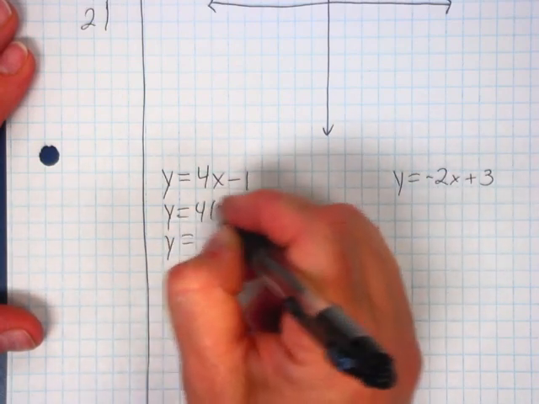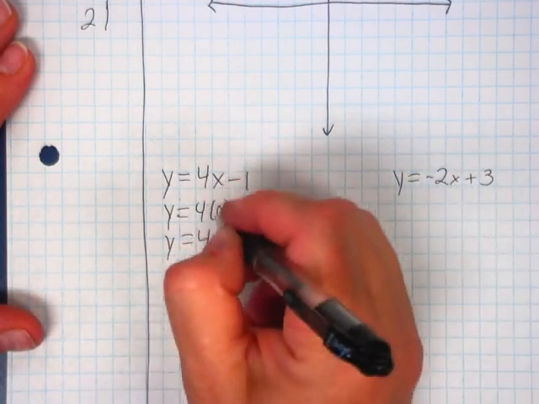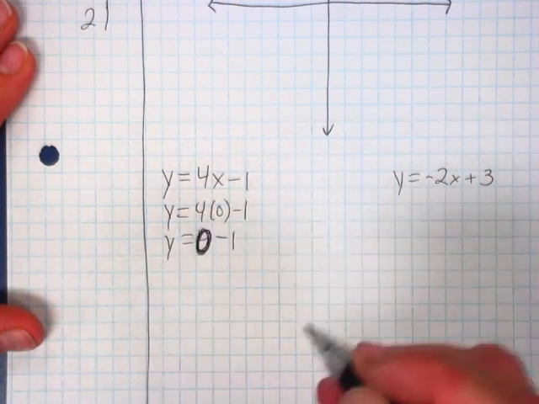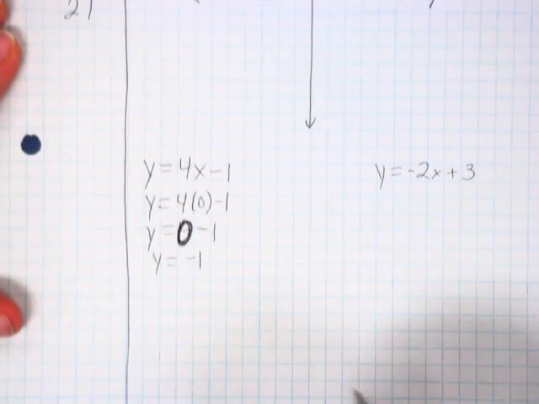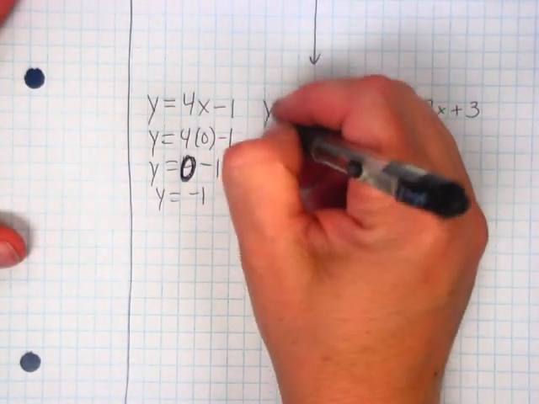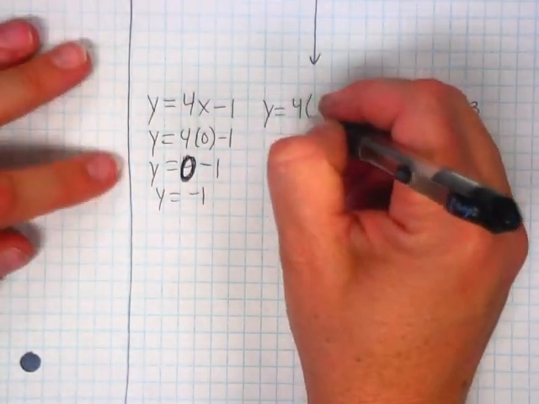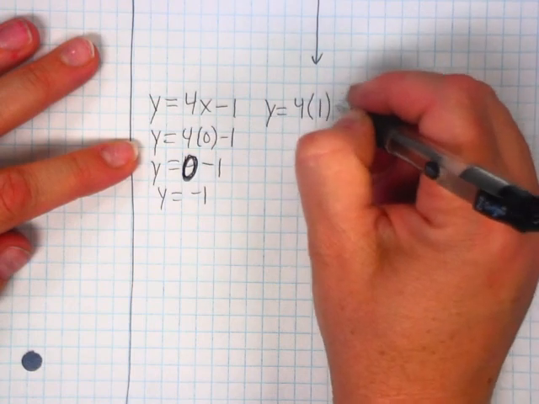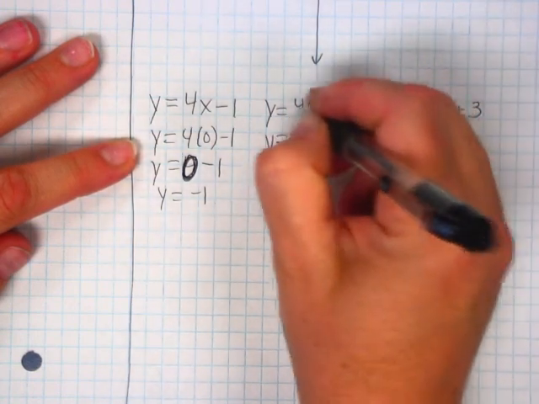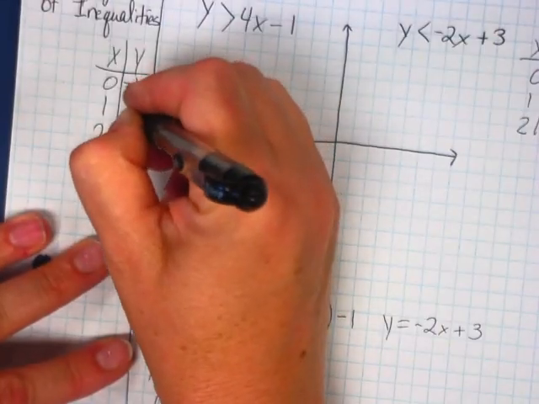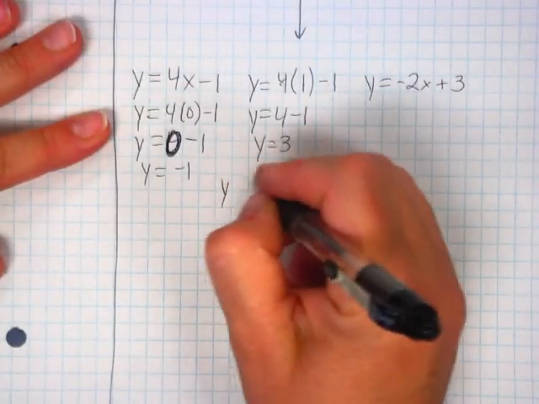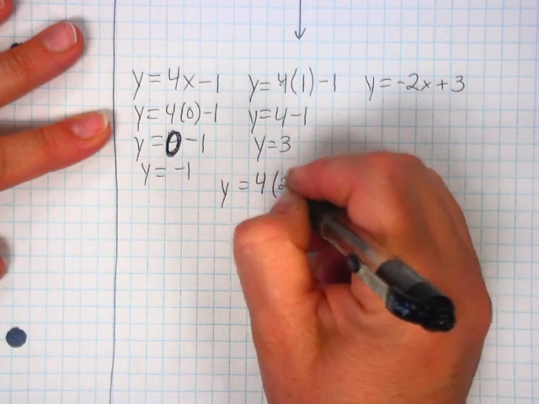Y equals 4 times 0 minus 1, which is negative 1. Now we're going to plug it in again, except this time we want to know what happens when x is 1. So y is 4 times 1 is 4, minus 1. Y is 3. And what happens when we plug in x is 2?